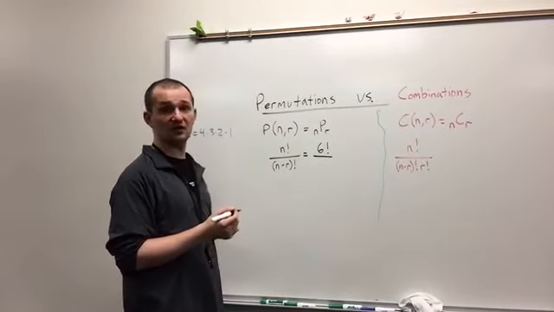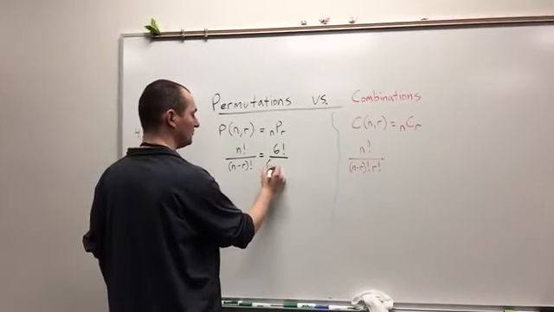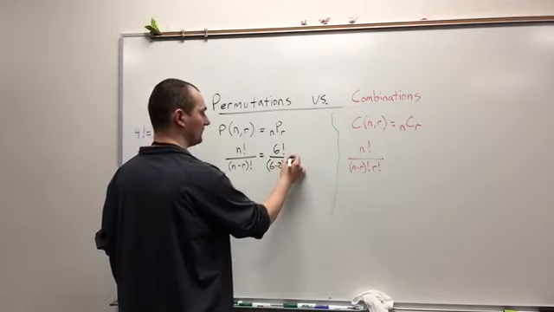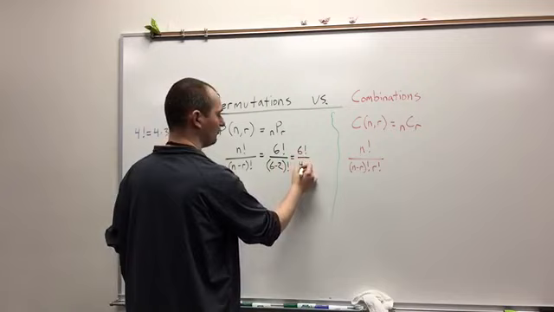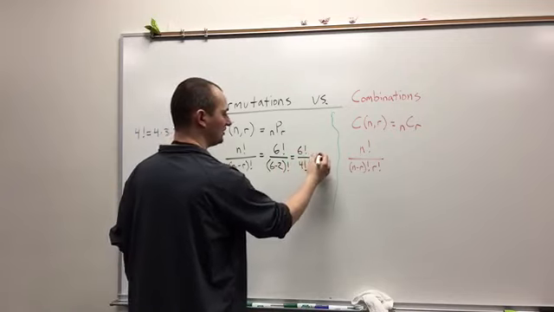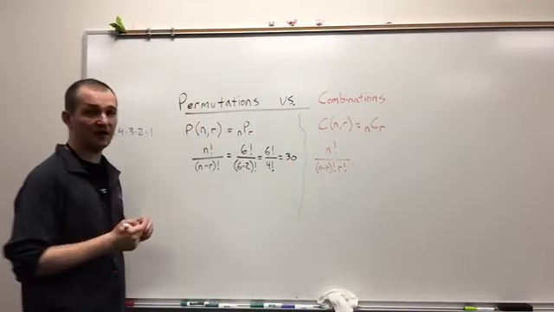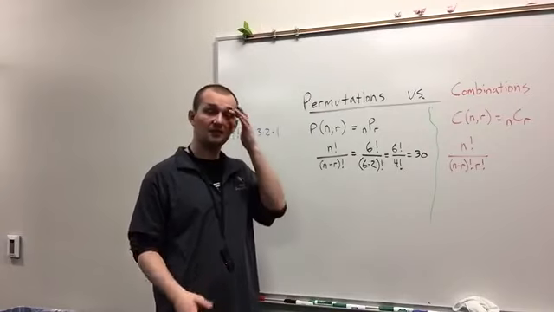We're choosing 2 students because we want a president and a vice president. So I will divide that by 6 minus 2 factorial, which would be equal to 6 factorial over 4 factorial. And if you type that into a calculator correctly, you should get 30. So there'd be 30 different possible ways that we could pick our president and vice president from a candidate pool of 6 students.